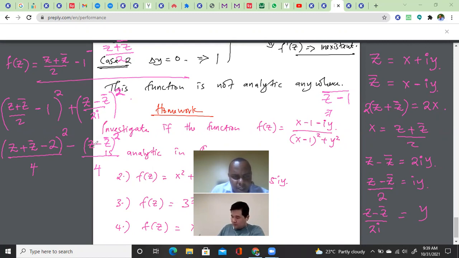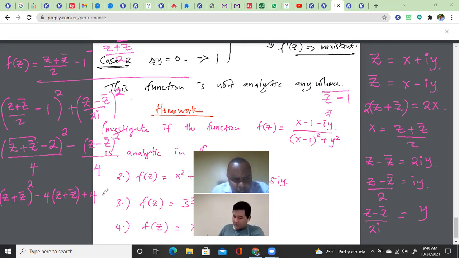It's going to be quite a long expansion, so let's do it. Let's keep this as it is, and then we treat this as a unit. So it's going to be (z + z̄) squared, minus 4(z + z̄), plus 4, right?